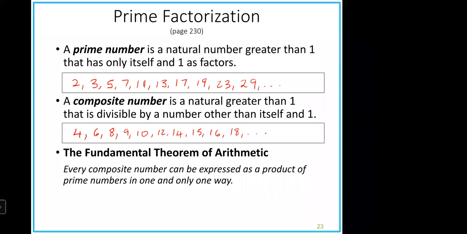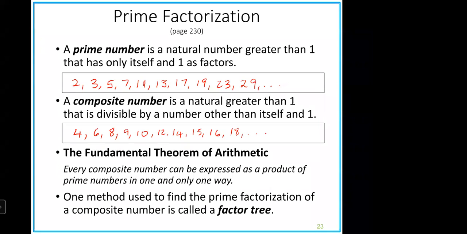That is useful because sometimes it is helpful when we want to do certain calculations. One method that we use to find the prime factorization of a composite number is a factor tree. We don't have to worry too much about the prime factorization of prime numbers because it's only 2 factors, 1 and the number itself.